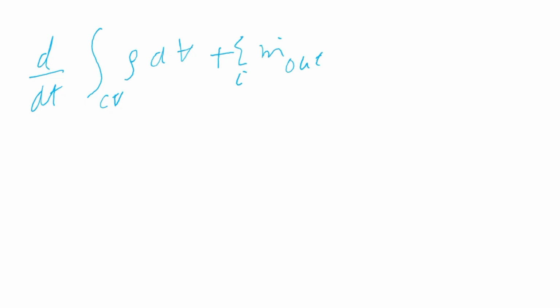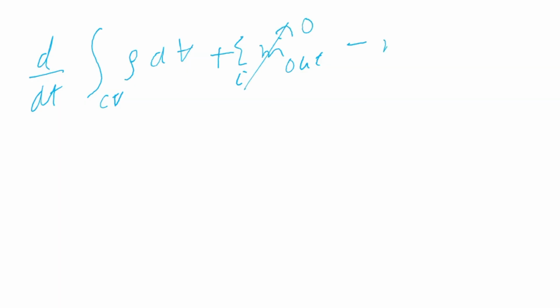Okay, so your first term is d dt of the integral over cv of rho dv, right? And then for the second term, there is no outlet, so this term essentially goes to zero.